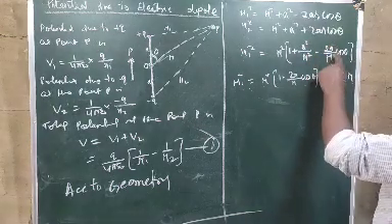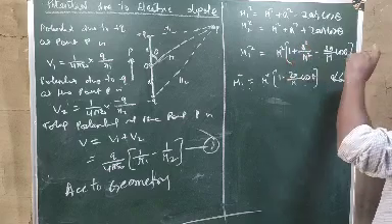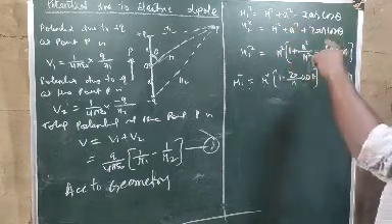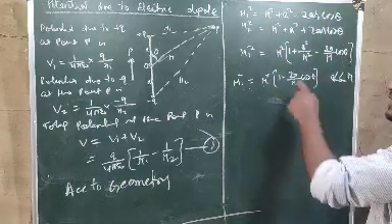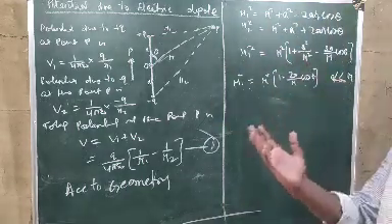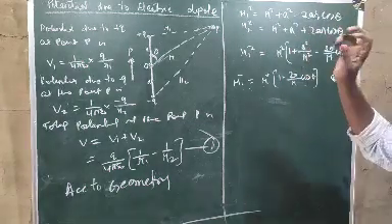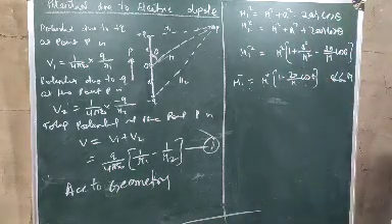You can ask me, sir, why have we not neglected this one but neglected this one? Because A is already very small, and if you square it, it still becomes very very small. When R is very large, if you square it, it still becomes very very large. So this number, when divided, will be very very small, which can be avoided.